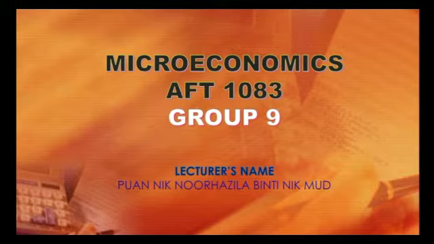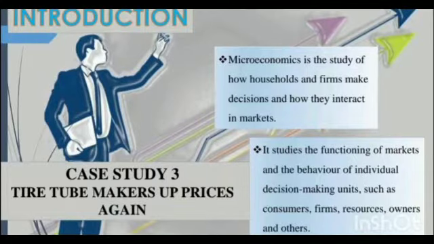Today, we will be presenting on what we understand based on our case study that we have chosen. Before we head into our case study, I would explain what microeconomics is all about. Microeconomics is the study of how households and firms make decisions and how they interact in markets.